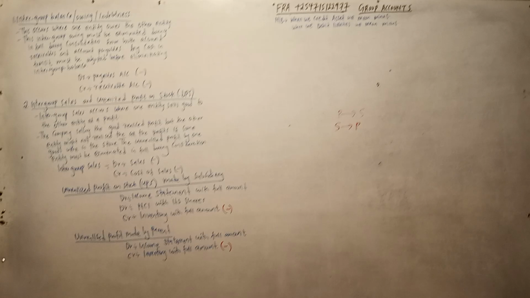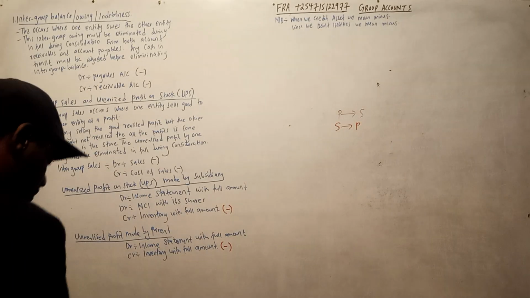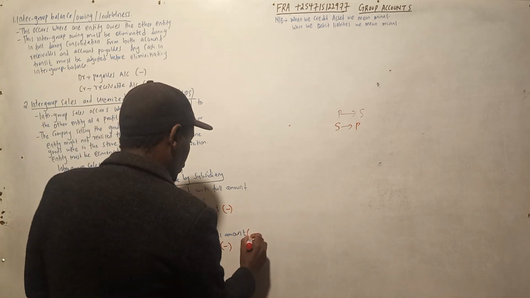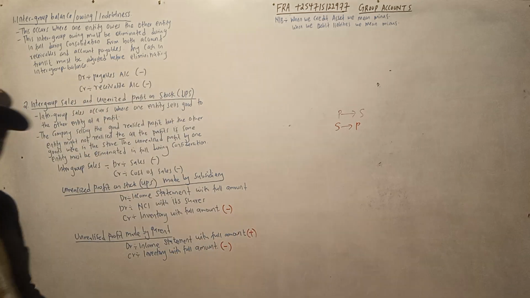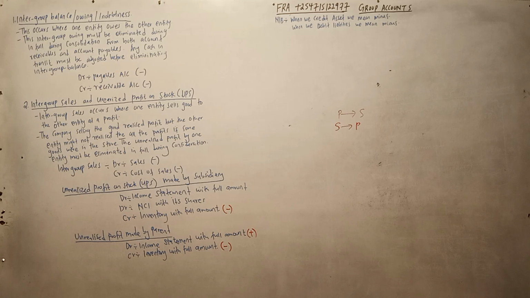Let this one not worry you, because I will show you another way to maneuver, but it is fine. The important thing is you know which accounts are being affected.